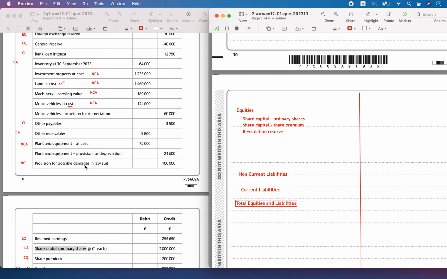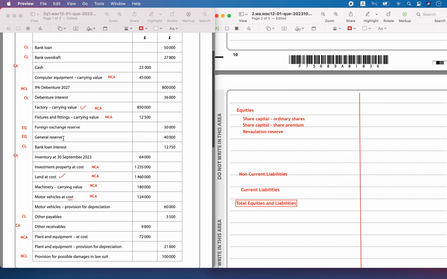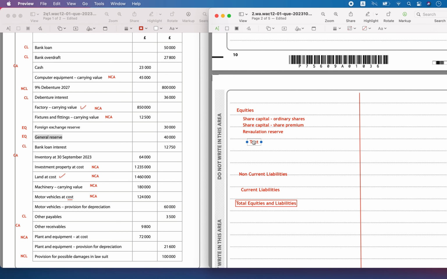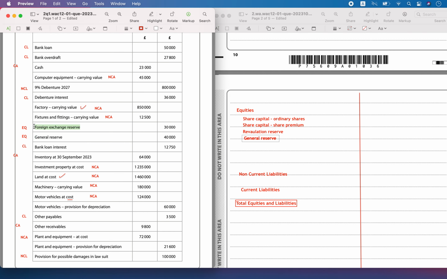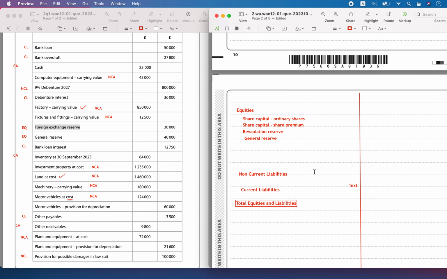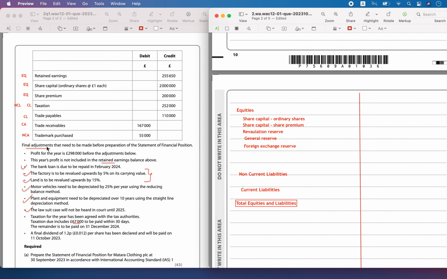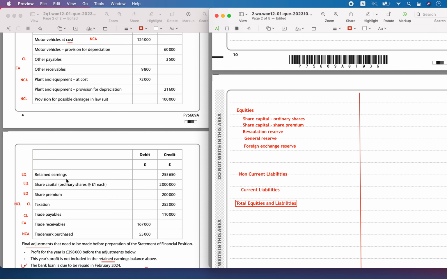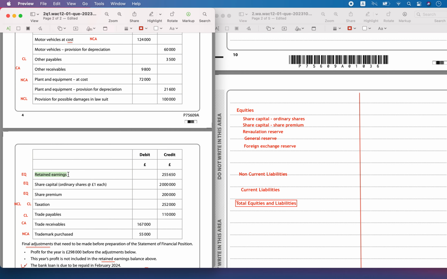And then you have the general reserves, then foreign exchange reserves, and then you have to include the retained earnings.